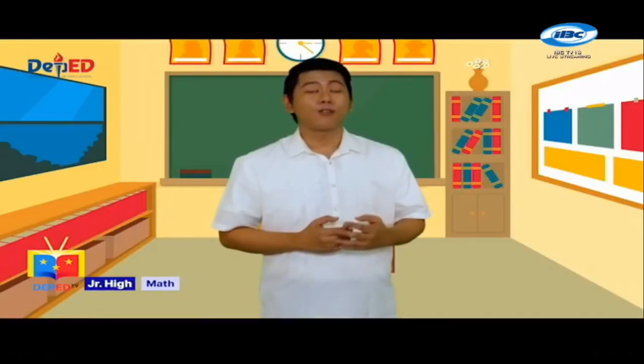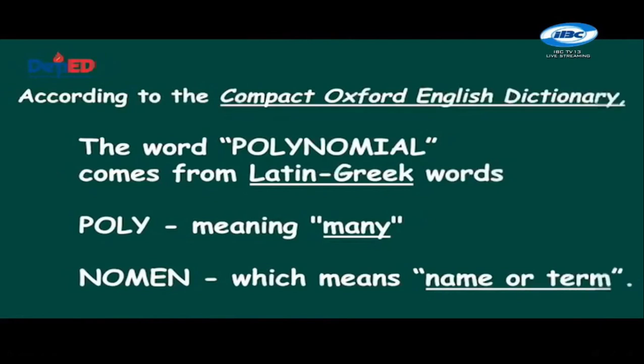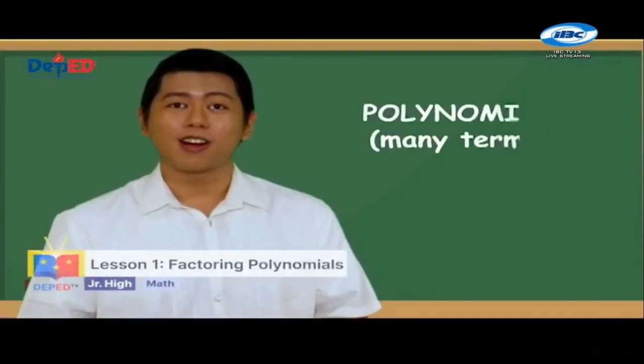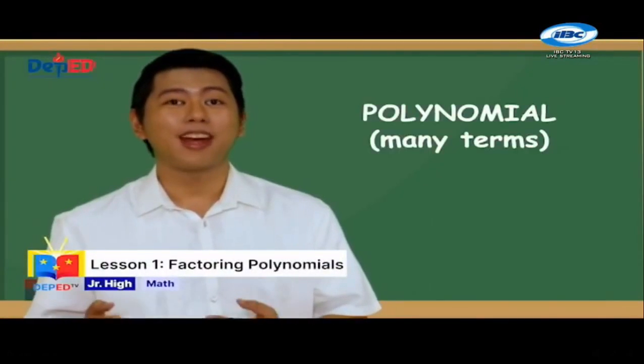Let us review the following terms. According to the Compact Oxford English Dictionary, the word polynomial comes from the Latin and Greek words poly, meaning many, and nomen, which means name or term. Therefore, polynomial means many terms.